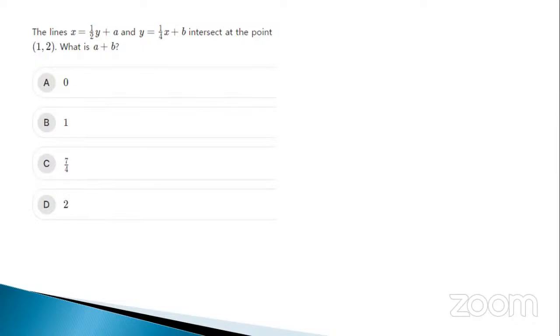The lines x equals half y plus a and y equals 1 by 4 x plus b intersect at the point 1 comma 2. What is a plus b?